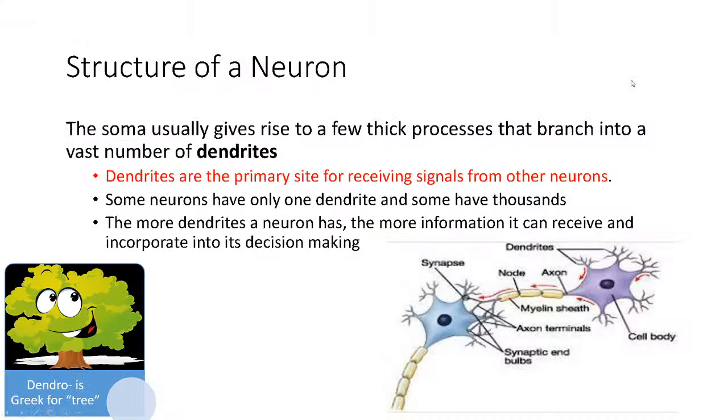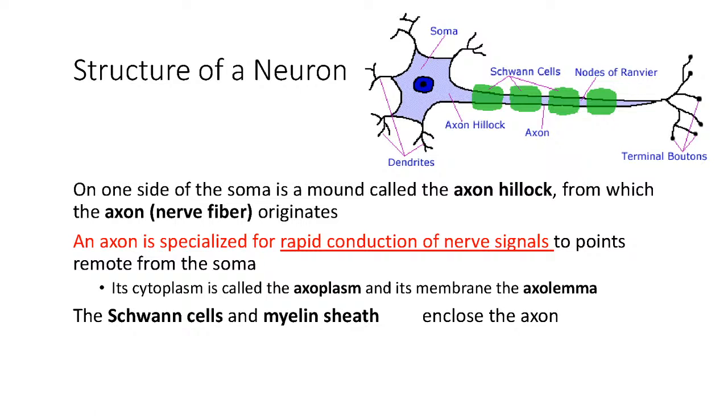All right. So, structure of a neuron. We mentioned the axon hillock. That's this swelling of the axon here. It begins and gives rise to the axon itself. The axon is this long cylindrical process that can travel very far away from the soma or neurosoma or cell body.